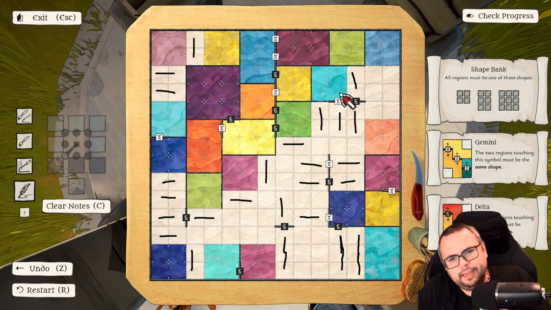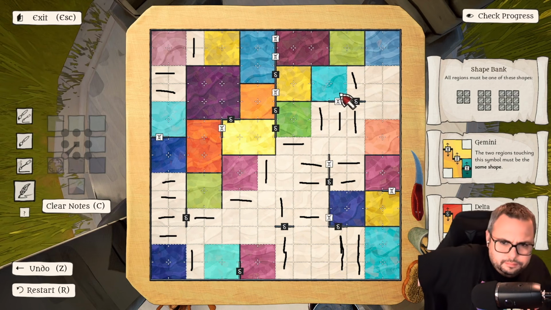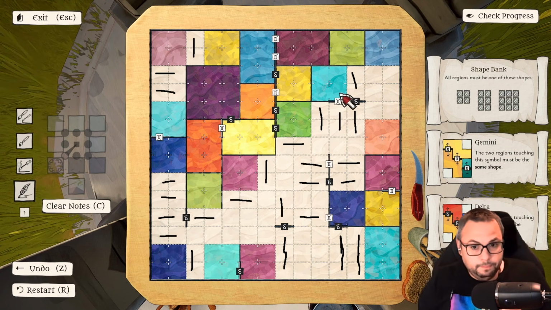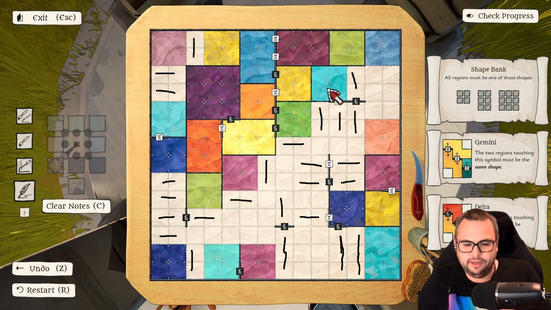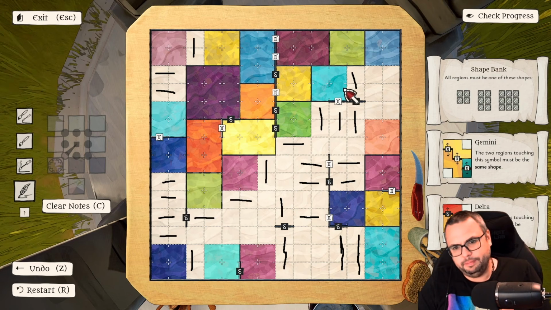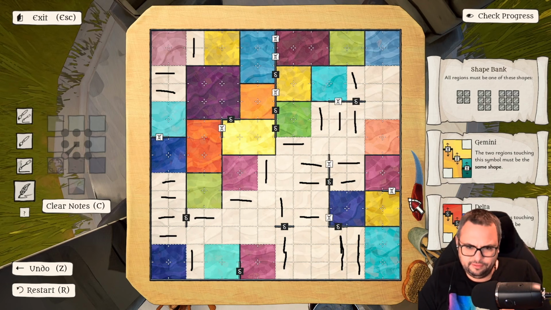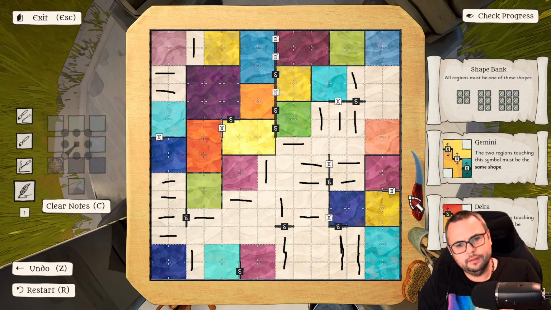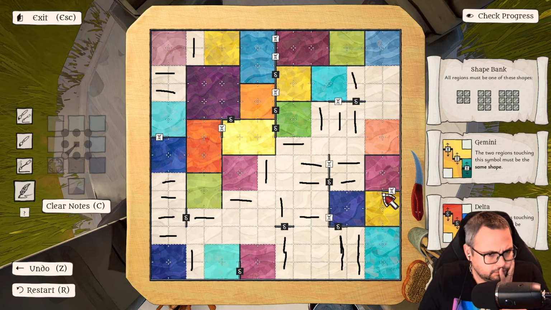Maybe I should be looking at... Not quite. I was looking at this blue and seeing if this blue expands, what exactly happens. It forces this down here, but that doesn't seem that bad. Where is the relevant clue?